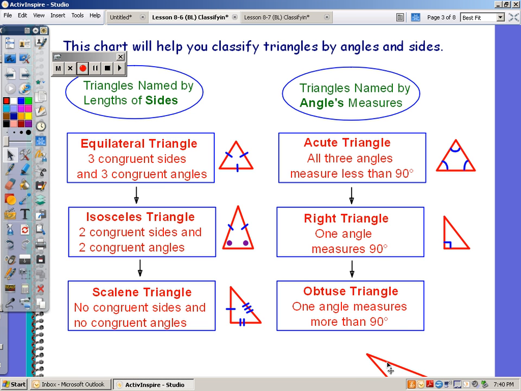In an obtuse triangle, you have 1 obtuse angle, and the other 2 have to be acute. 180 minus 90, or 91, means that these 2 have to add up to 89, or something like that. You can pause the video here to copy this down in your notes. Make sure you have the examples.